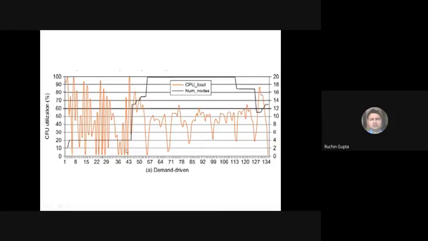This graph is showing the number of nodes varying with the period of time. The orange color in this graph is showing the CPU load in terms of percentage CPU utilization.